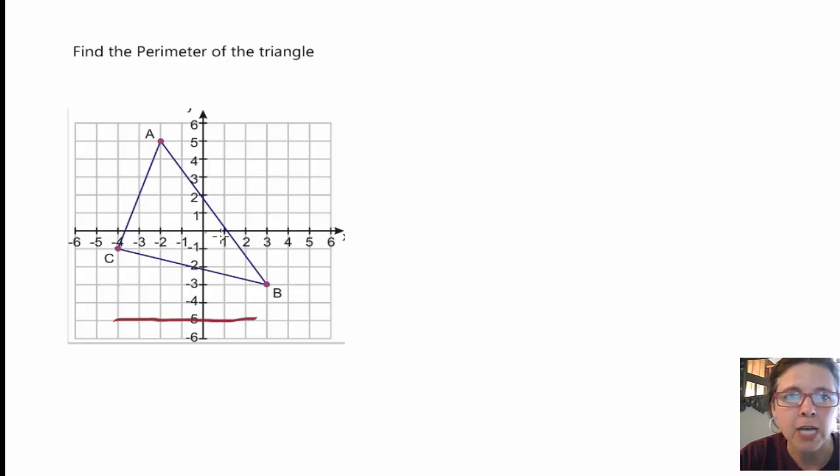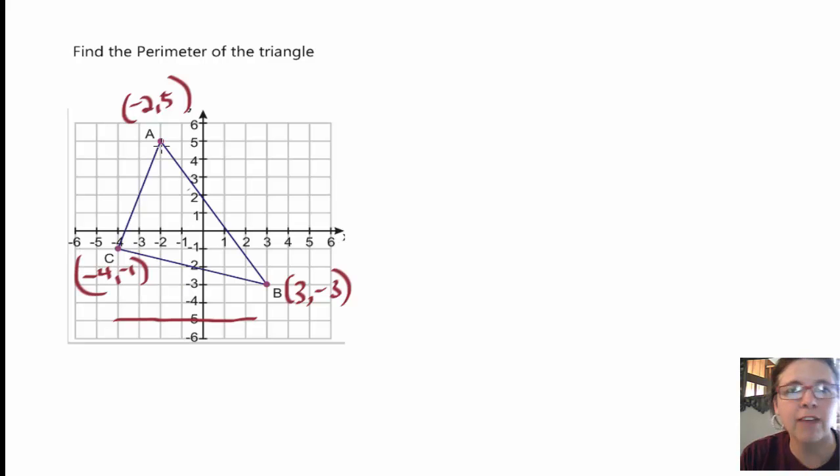So this point right here is 3, -3. This A is -2, 5. And this C is -4, -1. You have to find the distance, so you have to do the distance formula 3 times.